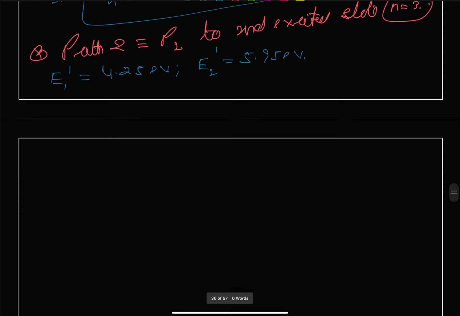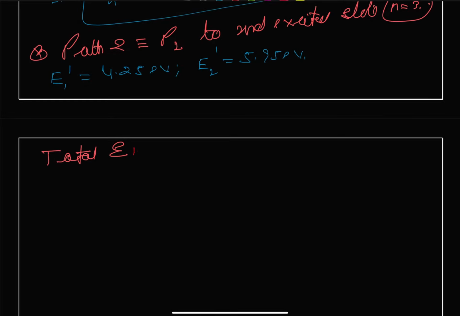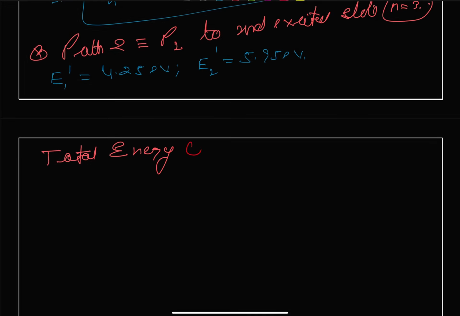So the total energy change will be equal to 4.25 plus 5.95, giving us 10.2 electron volt.